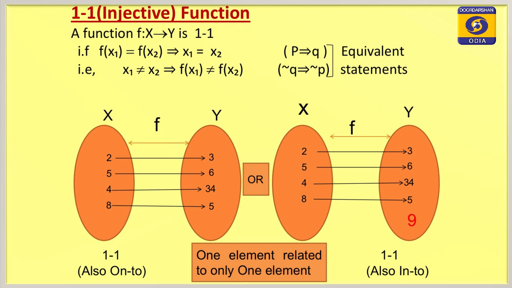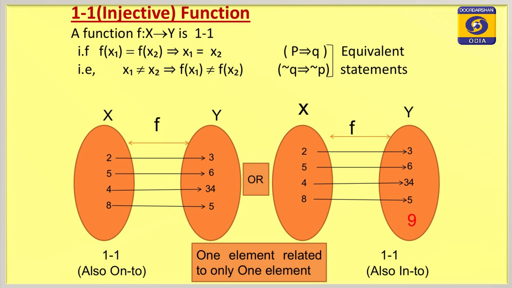If all the elements of the codomain are related, then it is onto. If there is some element left in the codomain set, that is into. You see here on your screen, number 9 is not related. So, that is an into function. So, a 1-1 function may be 1-1 onto or 1-1 into.